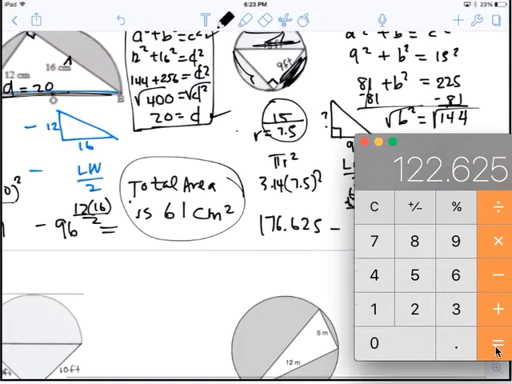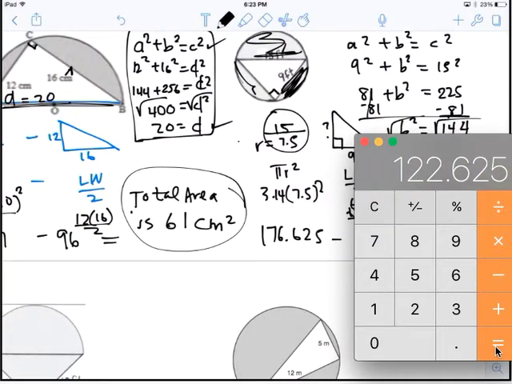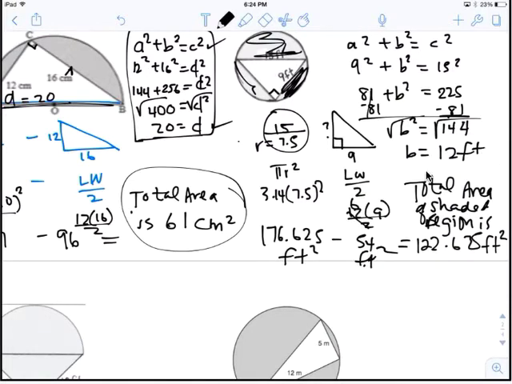Make sure I put feet here. Put feet squared here, feet squared here. Go back and label everything, you guys. It's important to label all the units.